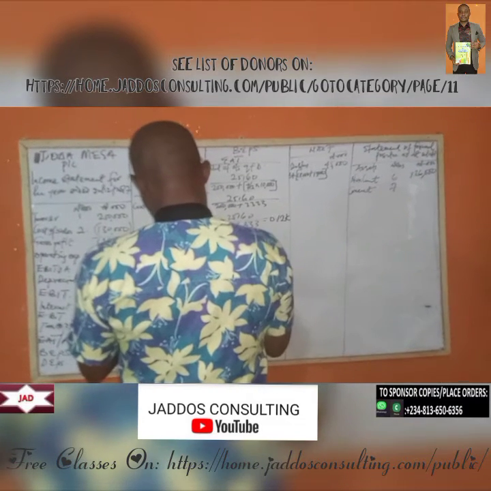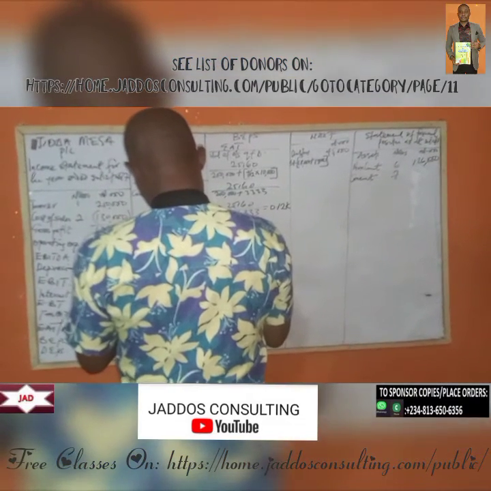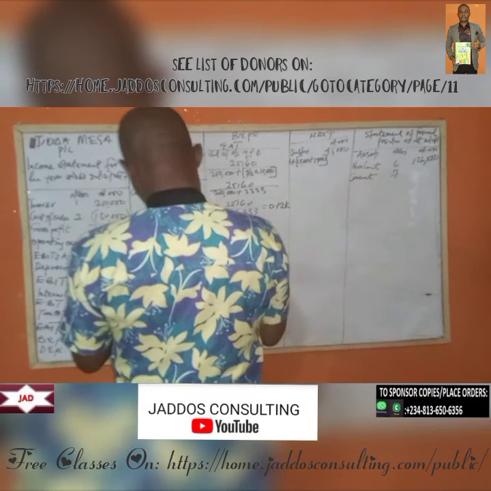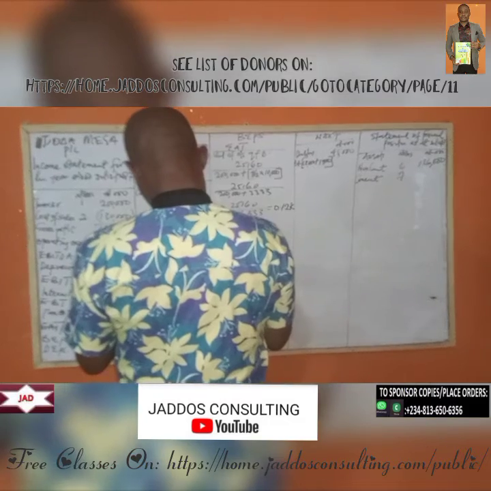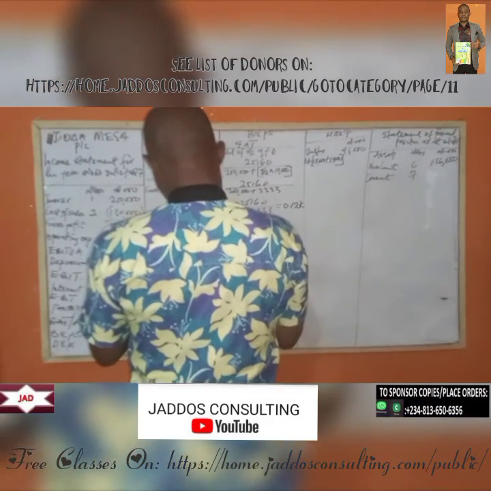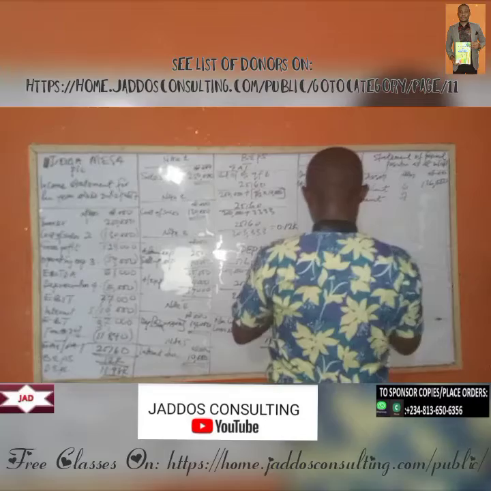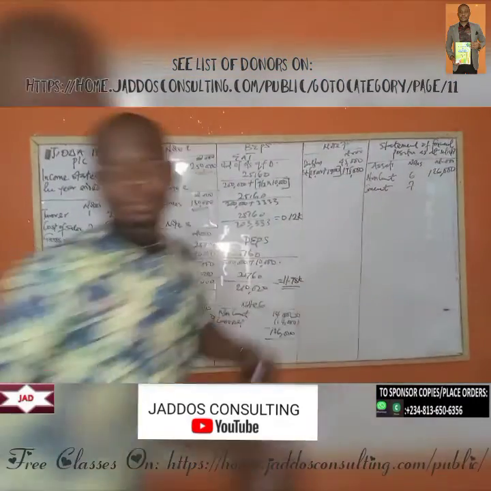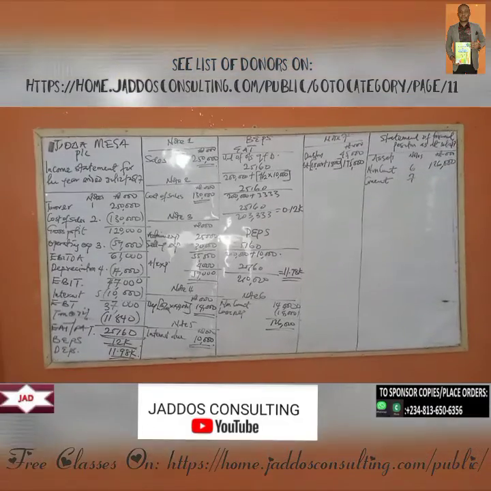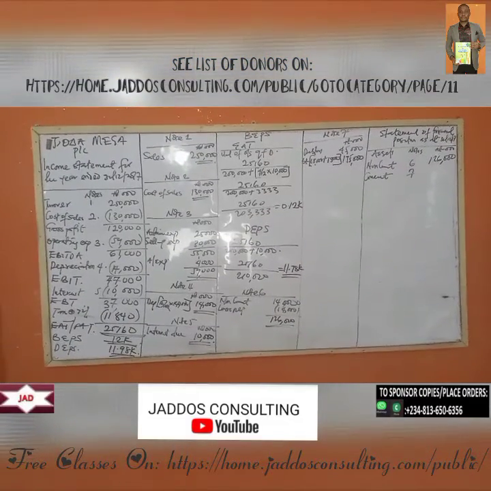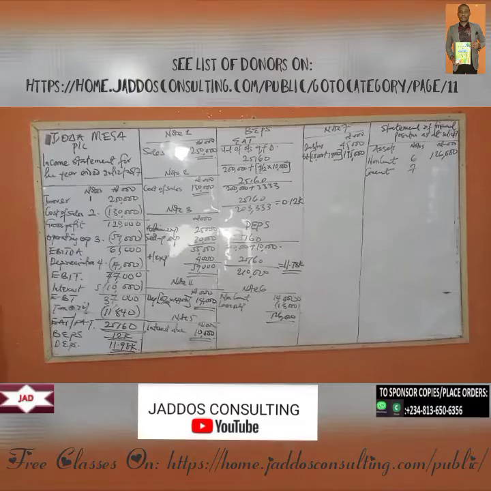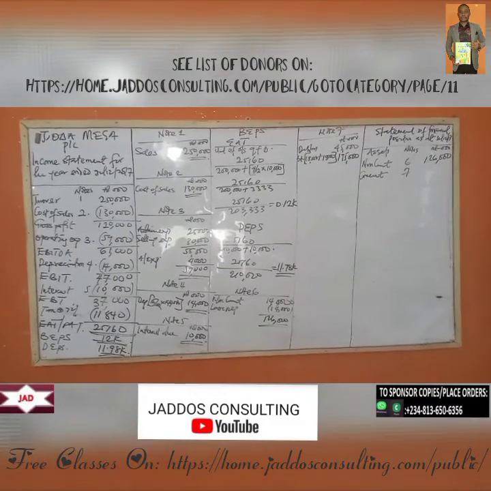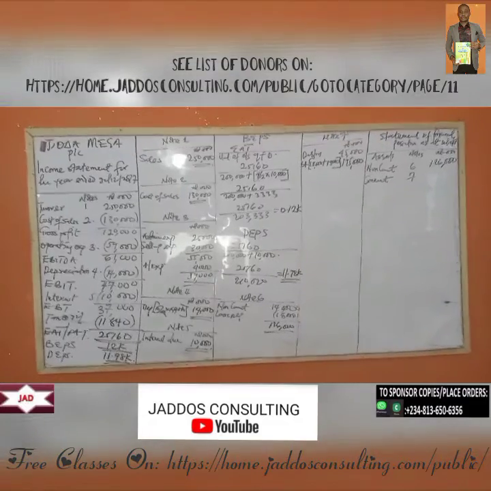So we have 180,000 plus 15,000, that's 195,000. Is there another thing there? Let's check. There's no other thing there.